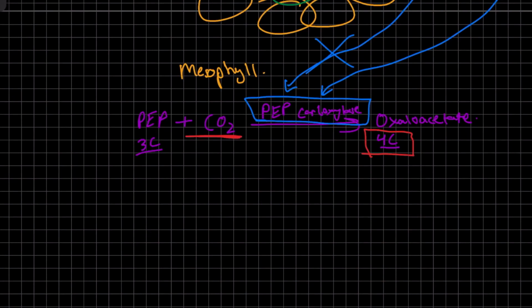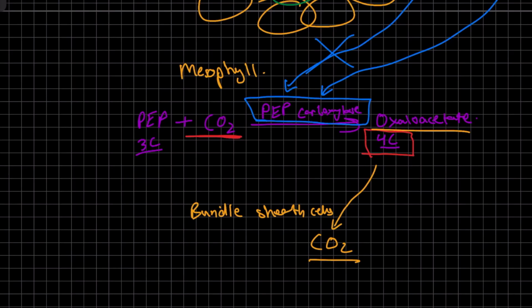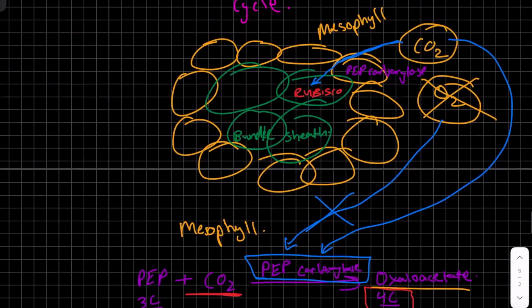This oxaloacetate can then undergo some processing to release a molecule of carbon dioxide, and this carbon dioxide is produced in our bundle sheath cells. Now, if we notice over here, the bundle sheath cells are not in direct contact with the oxygen in the atmosphere.